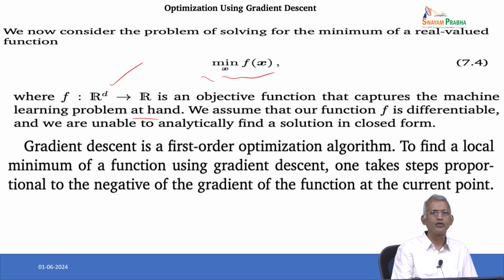I hope all of you know about it, and we are unable to analytically find the solution in closed form. Gradient descent is a first order optimization algorithm to find a local minimum of a function. One takes steps proportional to the negative of the gradient of the function at the current point.